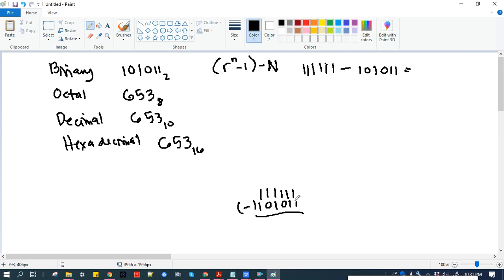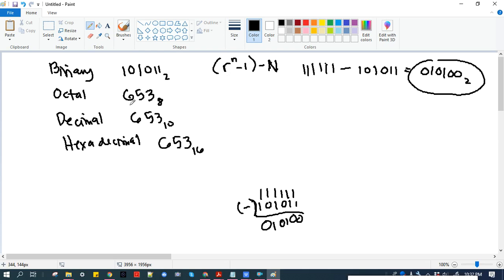We subtract, and the answer is 010100. This is the diminished radix complement of 101011.